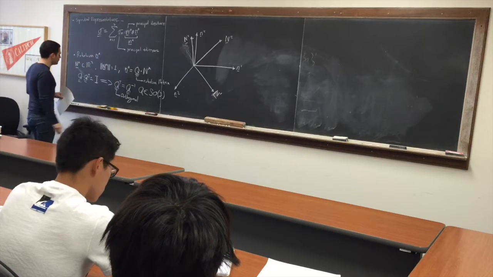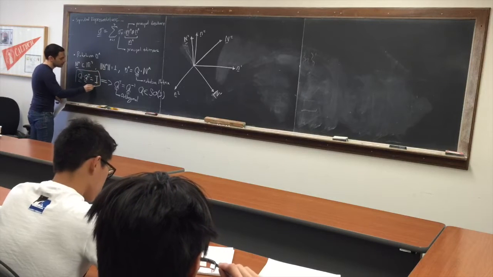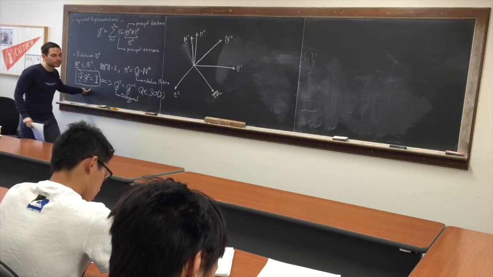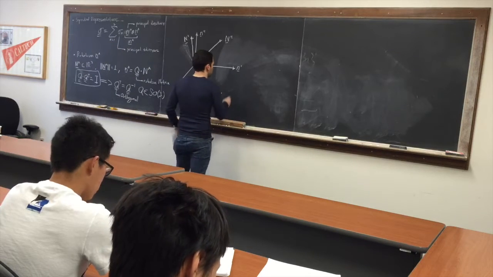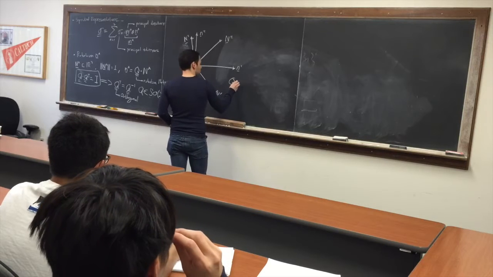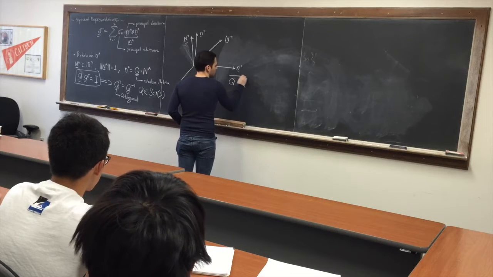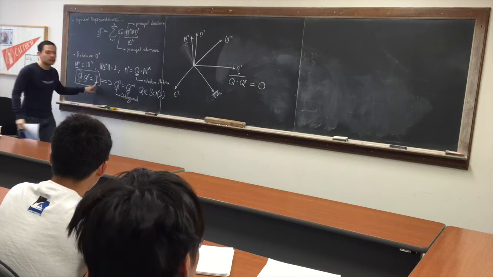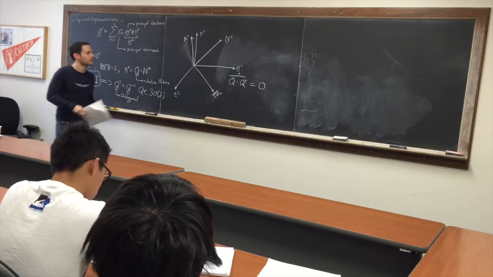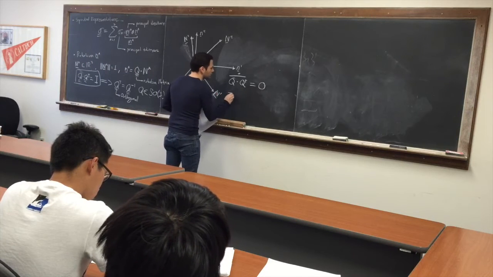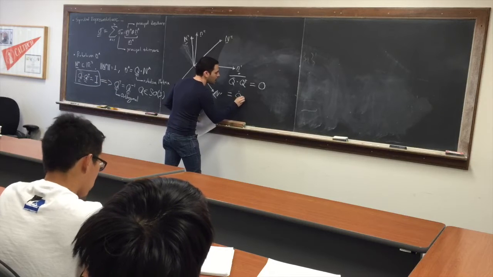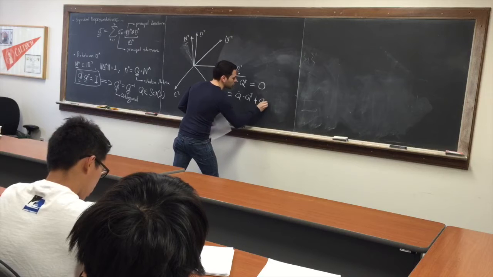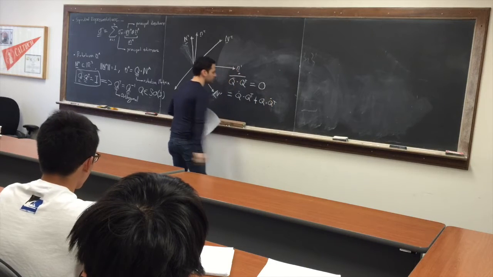Now, we can also use this to take the time derivative. So from that we know that the time derivative of Q times Q transpose must be equal to 0, right? Because the identity here is just a constant. And taking the time derivative, we have Q dot times Q transpose, plus Q times Q transpose dot.